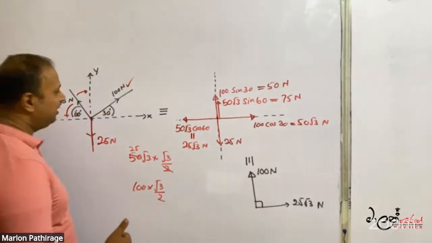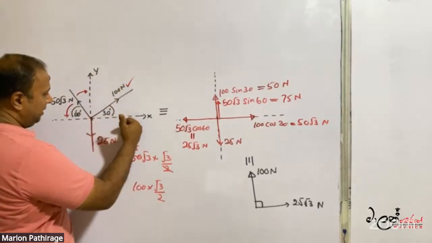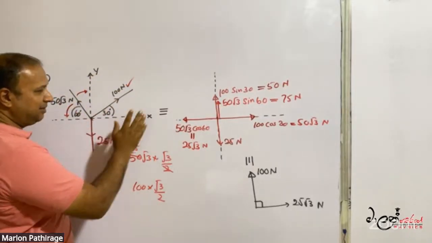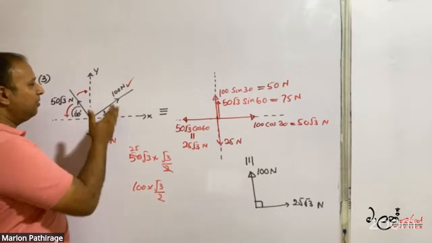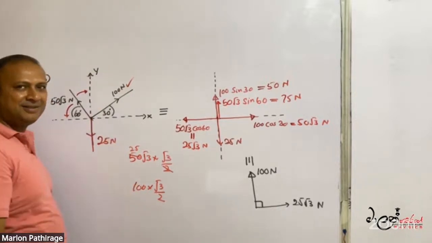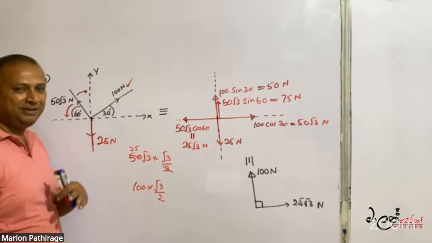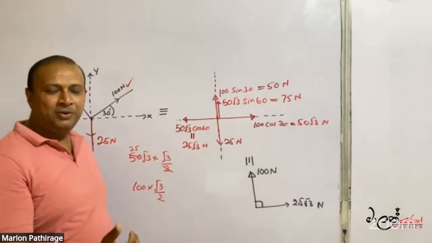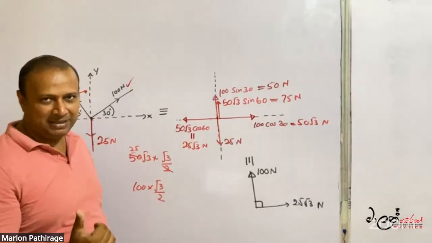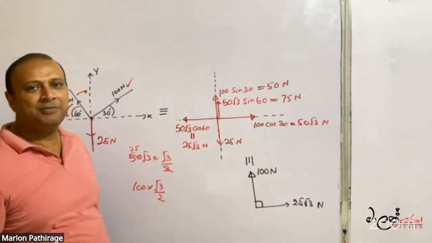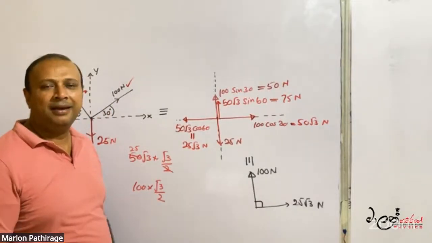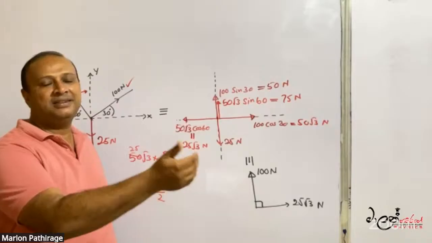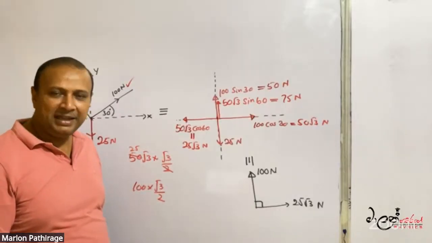You can resolve every force in the x direction first, then in the y direction secondly. That can be interchanged. You can resolve every force in each direction separately and take the resultant vector in that direction.